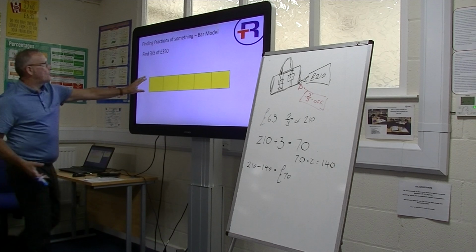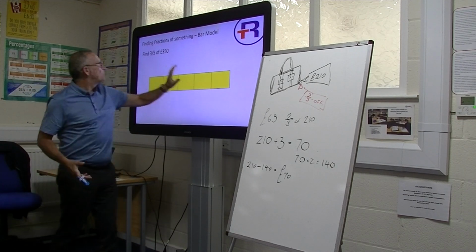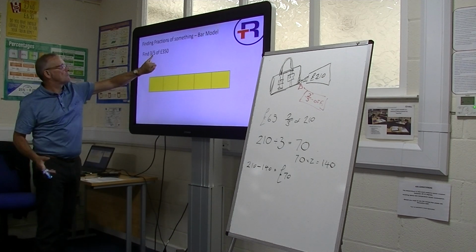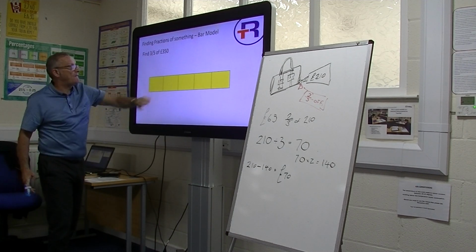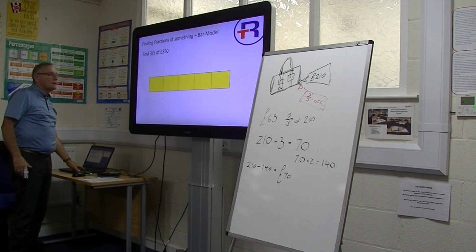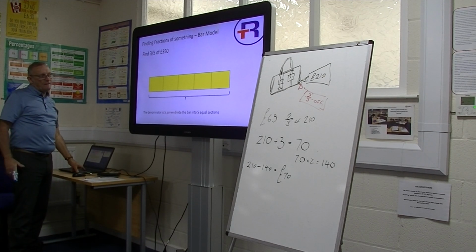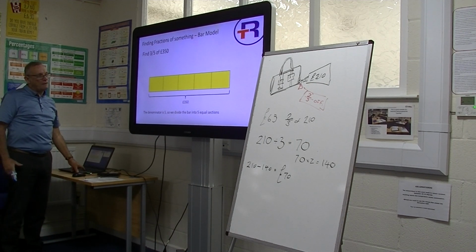So there's the bar model, the bar, and it's broken into fifths, okay? Because that's what we're looking for. We're looking for 3/5. The denominator is 5, so we divide the bar into 5 equal sections. So you're going to split that 350 into 5 equal sections. 350 divided by 5. So we're doing the same thing. We're dividing by the bottom, and that's £70 in each box.